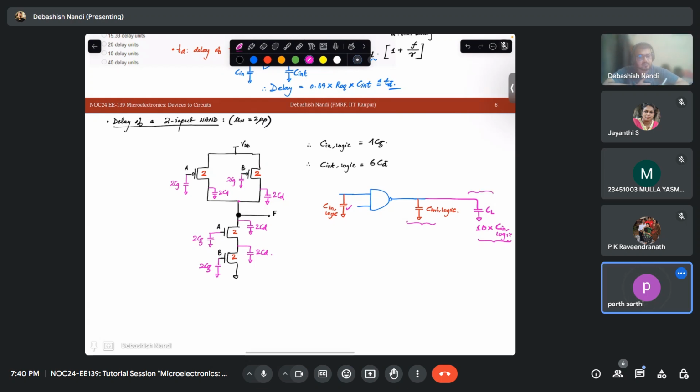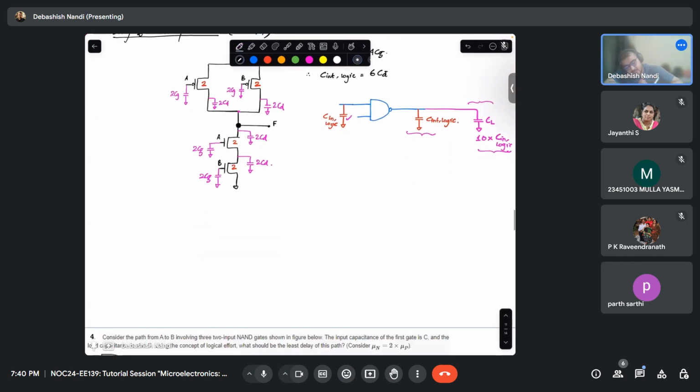So in case of load capacitance, basically what is happening, one NAND gate is connected here, right? And there are 10 other NAND gates. Let's say these are the 10 NAND gates. There is an input capacitance here, that is my C in logic.